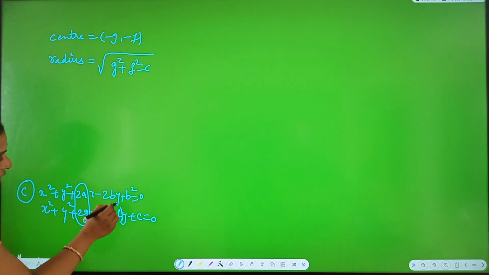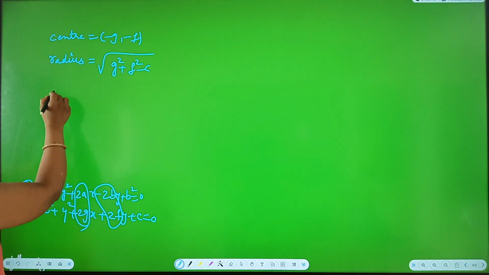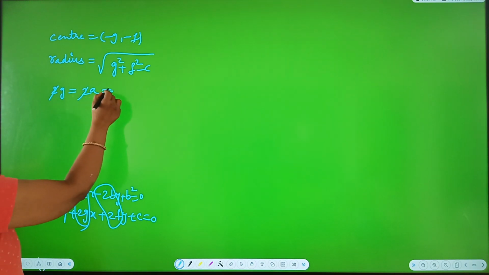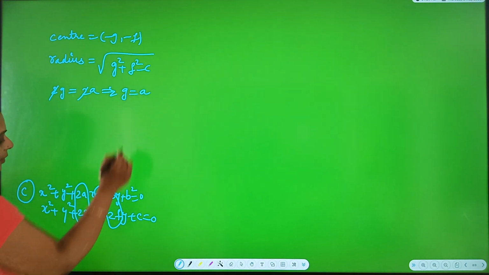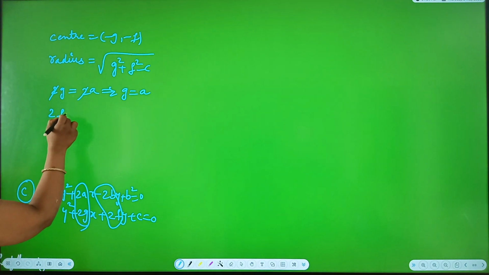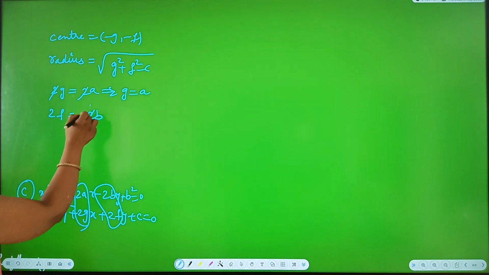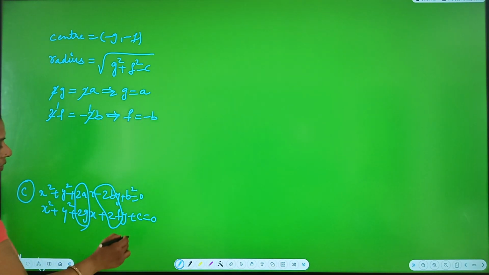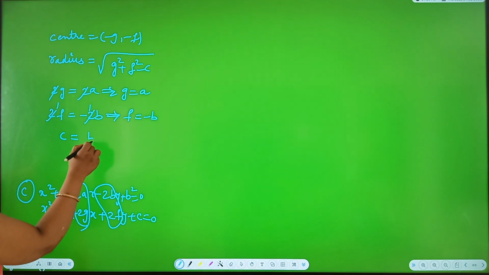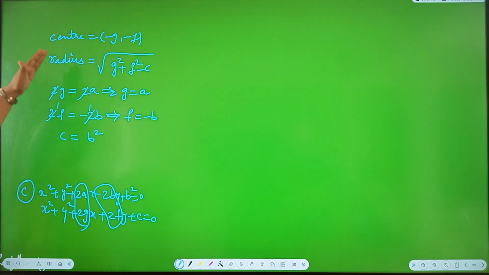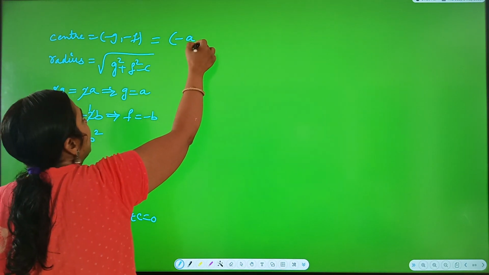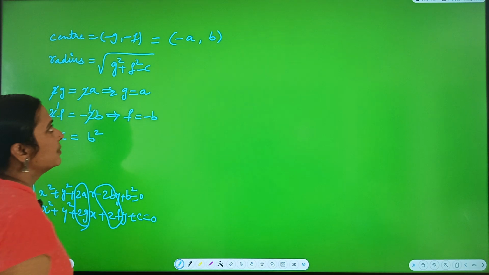Here comparing the x and y coefficients, what are those? 2g equal to 2a, 2 cancels, so g equal to a. 2f equal to minus 2b, so f equal to minus b. What is the constant? C equal to b square. Now writing the center, it is minus a comma b.